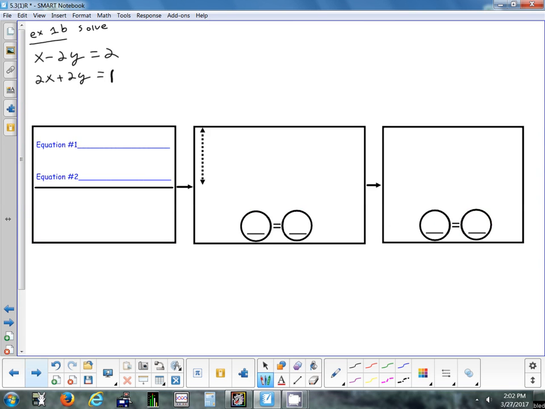Okay, that's good. Yeah. Is it lined up? Yeah. The X's are in the first column, Y's are in the second, numbers are in the third. Good. So now, what do I do with those 2 equations that are outside that box? Put them in box 1.